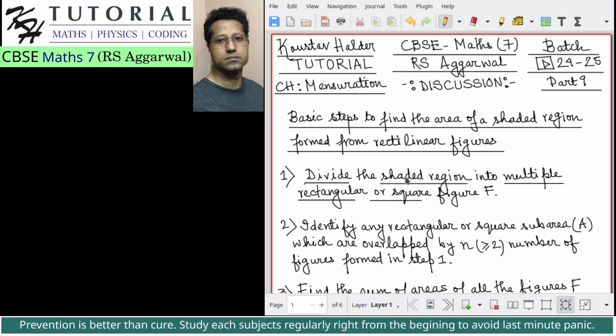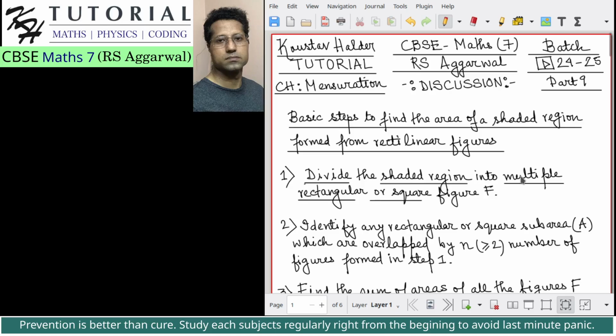In future, when I cover how to find the area and perimeter of other figures like triangle, parallelogram, rhombus, circle, then we will also learn how to find the area of a shaded region which can be decomposed into various figures like circles, rhombus, parallelogram, squares and rectangles. But in this video I will only discuss a shaded region which can be decomposed into rectangles and squares.